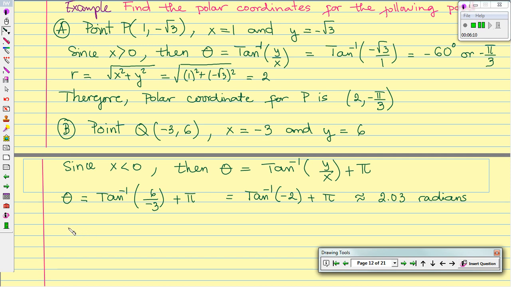I'm going to go ahead and find r. So r is the square root of x squared plus y squared. So substitute the value of our x, negative 3 squared, and our y, substitute 6 squared. So that will give us about 6.71.